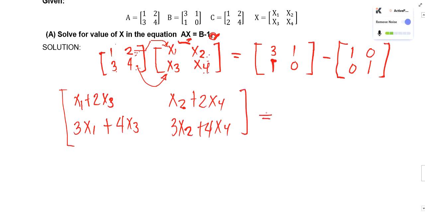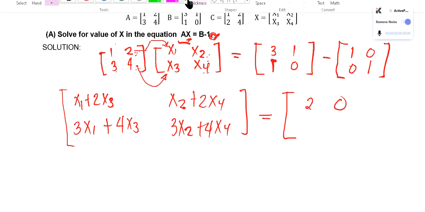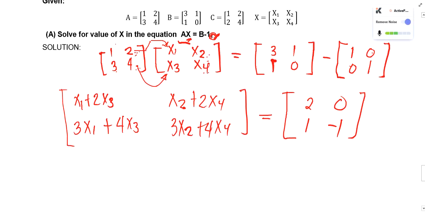That will be equal to, so i-minus natin ito, 3 minus 1, that is 2. 1 minus 0, that is 1. 1 minus 0 is 1. And then 0 minus 1 is equal to negative 1. So, yan yung magiging expansion ng ating equation of a matrix.